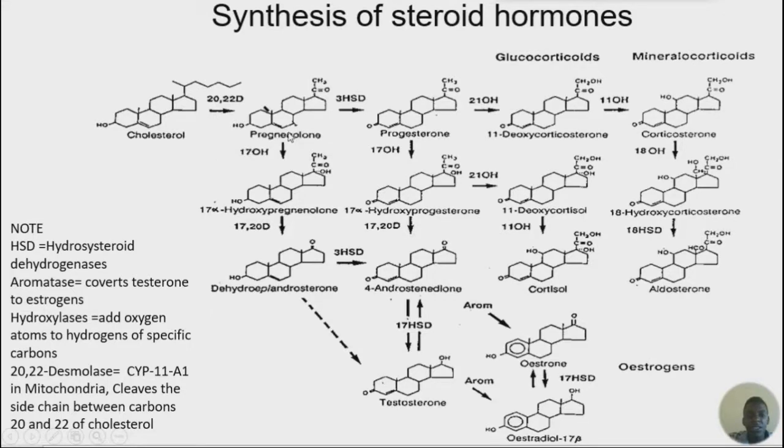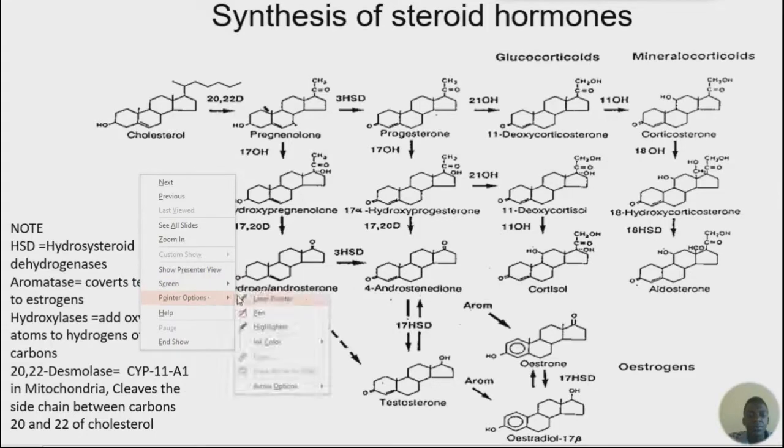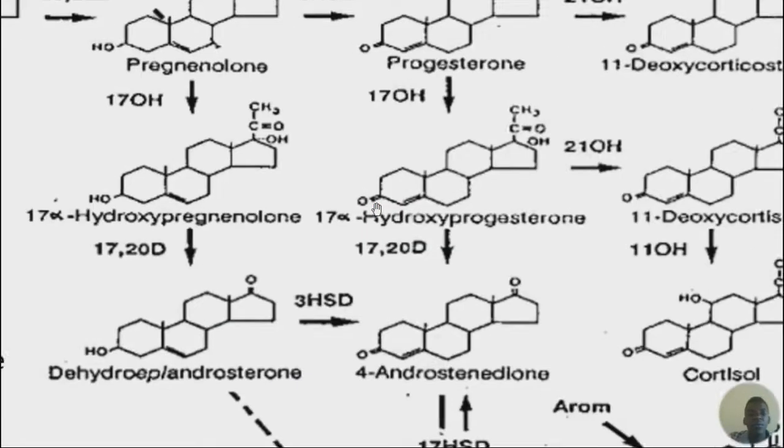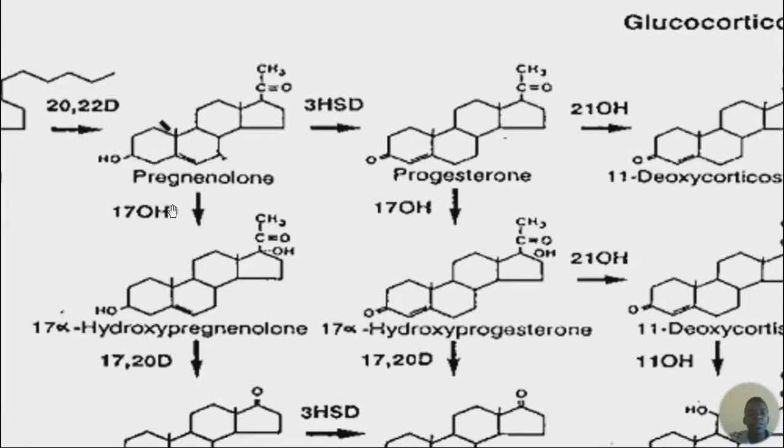And to note is the change in the position of this double bond, this pi bond. You can see here, in pregnenolone, we have a double bond between carbon 5 and 6. In progesterone, it is between 4 and 5.